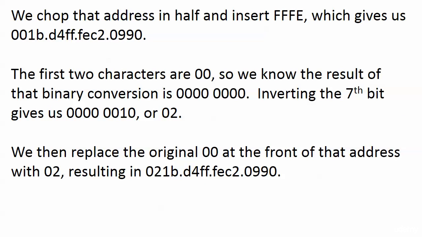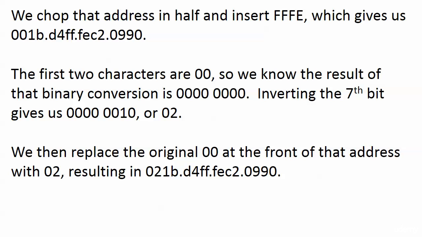We know what converting those to binary is. I wrote it out for you anyway, but it's all zeros. So if we invert the overall 7th bit, that gives us 00000010, which is going to convert back to 02, because that second value is made up of 0010. We know that's the 2 bit that is set. We then replace the original 00 at the front of that address with 02.